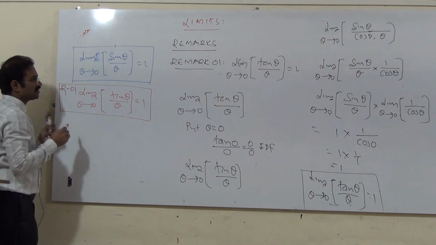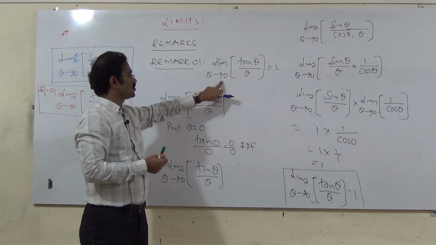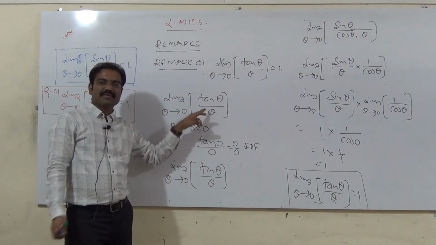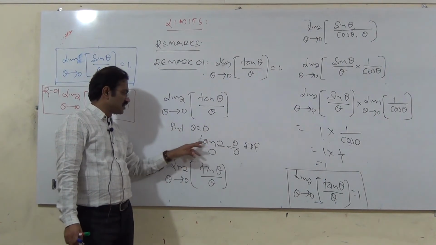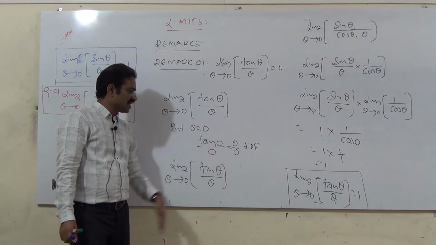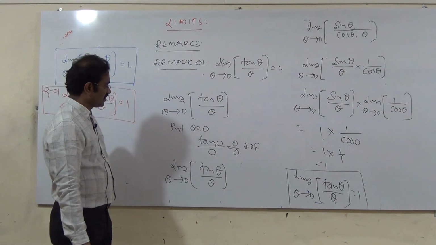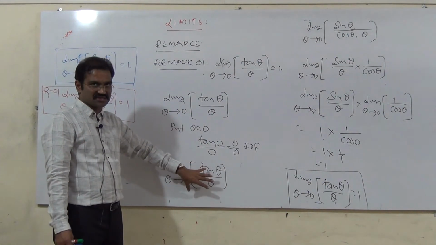Once again the explanation. Limit of tan theta by theta as theta tends to 0 is equal to 1. I have to prove this. Tan theta by theta, by the regular method, theta equal to 0 gives tan 0 by 0, 0 by 0, which is indeterminate. Now I have to make some modifications.